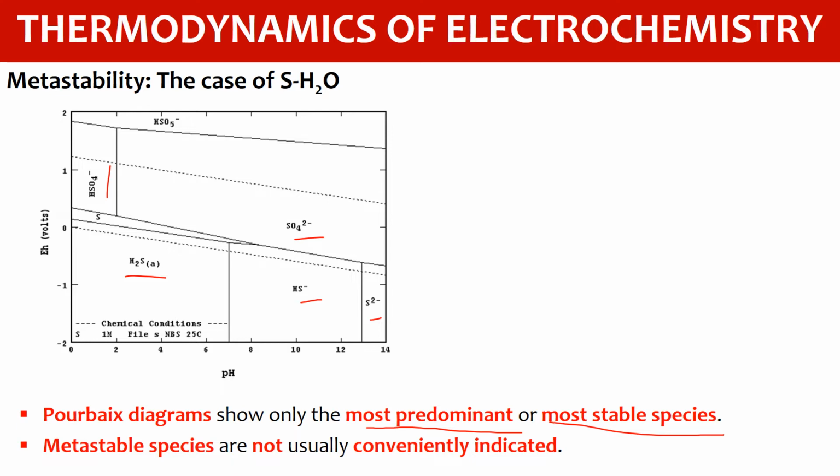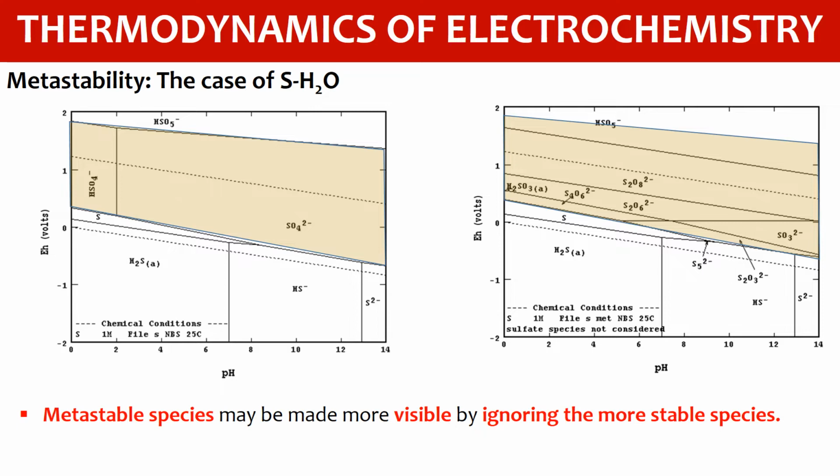Now, if we introduce the metastable species, you can see that in this region, where we thought that SO4 is the most stable, there are so many other complexes existing, as shown here. We can actually construct Pourbaix diagrams using some software.